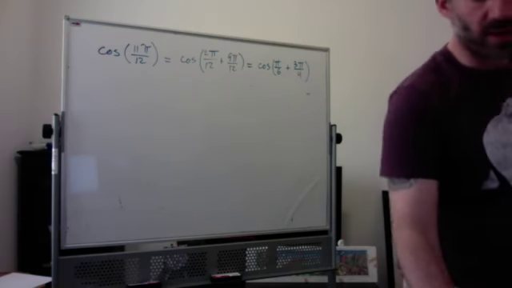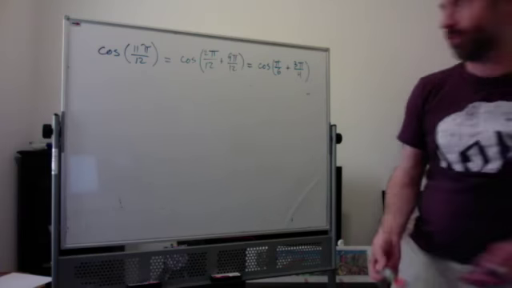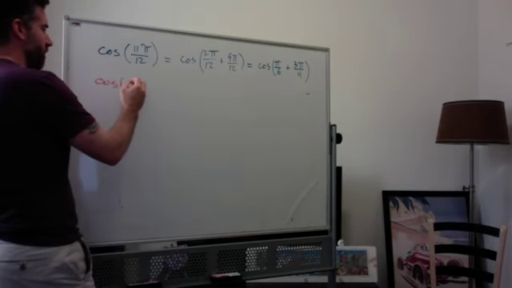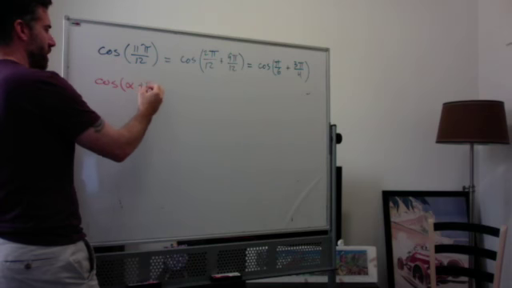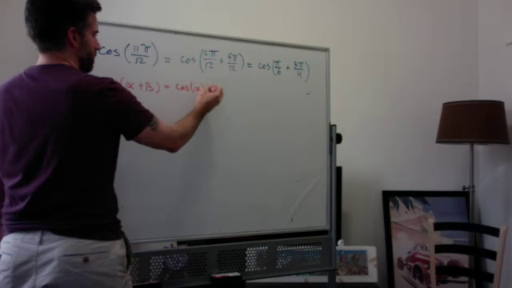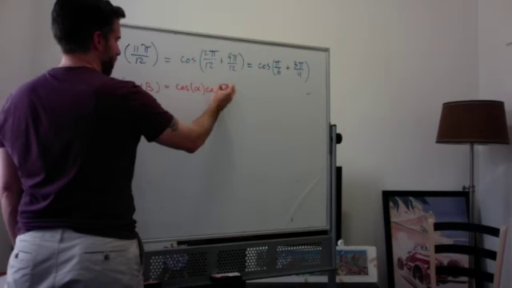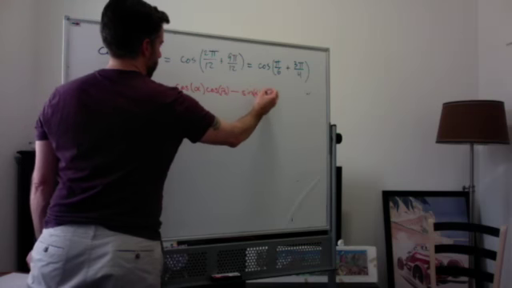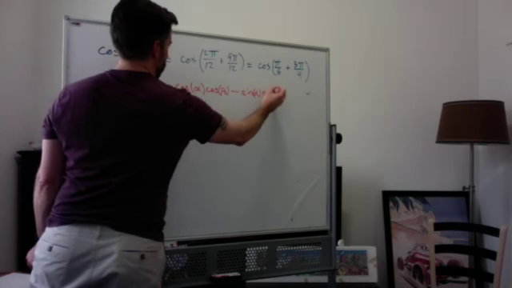And then we have to know the angle sum formula or look it up. So for cosine of alpha plus beta, it's equal to cosine of alpha times cosine of beta minus sine of alpha times sine of beta.